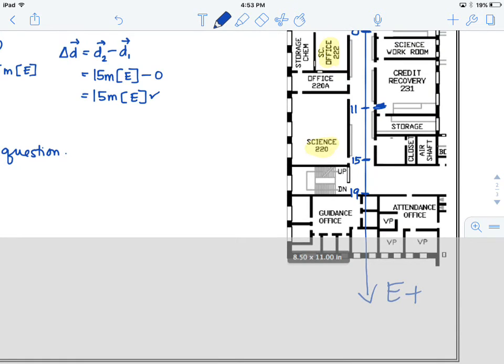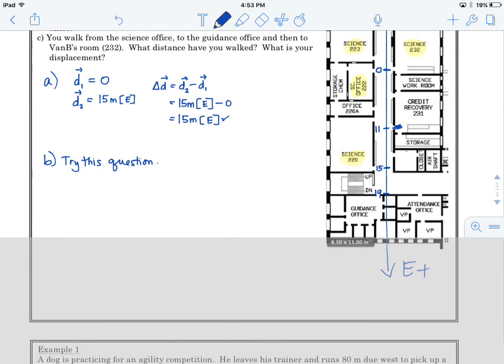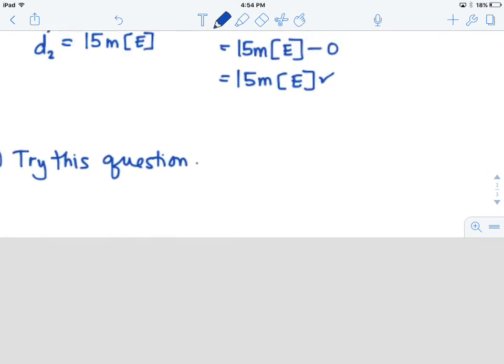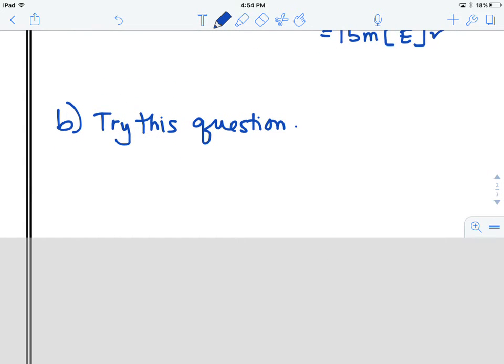Okay, so given that, what's position 1, what's position 2, and then what's your displacement? So I want you to try that now. And what you should find if you've tried this question, don't peek.